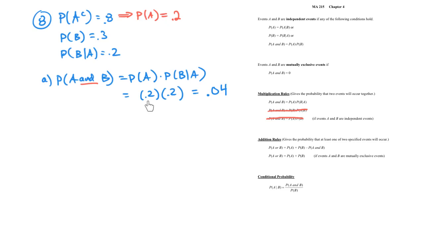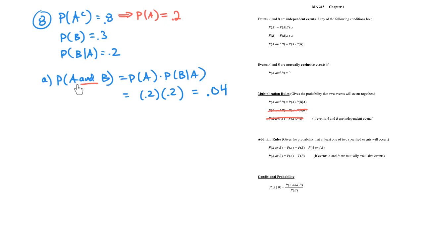Be careful, we have to move the decimal point over twice total. So the probability of A and B happening is not real high, but there's about a 4% chance. Probability of A and B, 0.04.